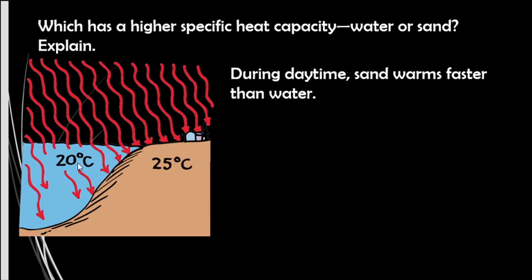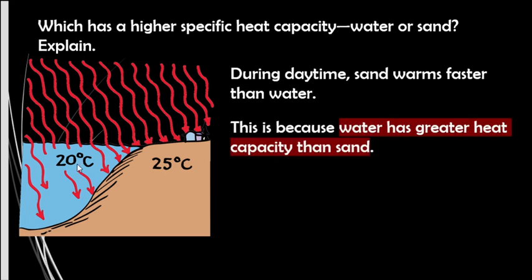Therefore, we can say that water has greater heat capacity than sand, meaning water needs more heat to increase its temperature. So, our answer is water has higher specific heat capacity than sand.